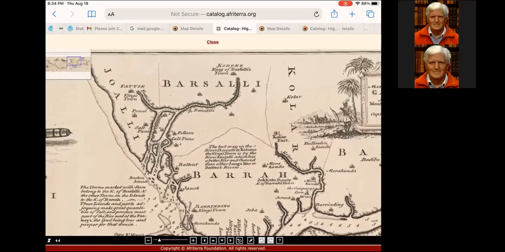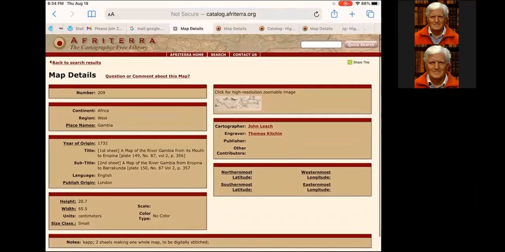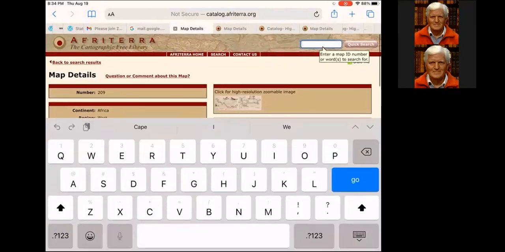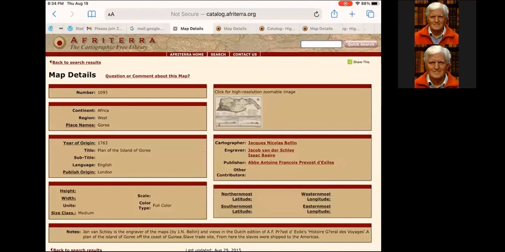Let's take a look at the island of Goree as well. Once again, we can go back to the directory in Afroterra and type in the island of Goree, or if we know the map location, as I do in this case, it's map number 1093, and we can go right to it.